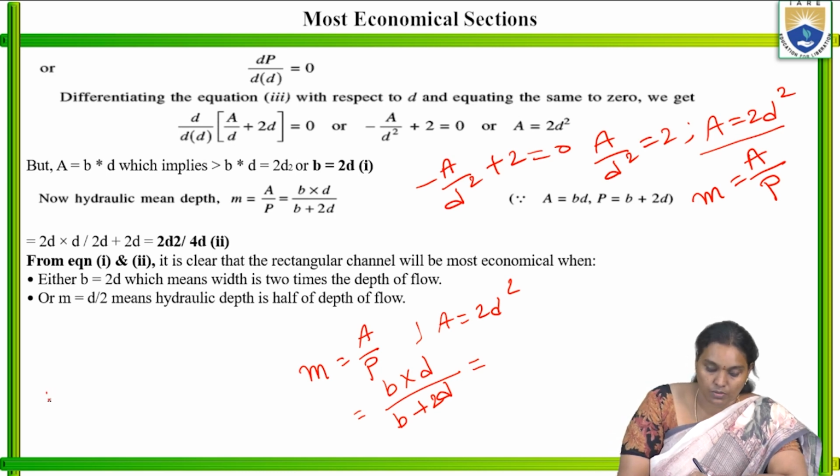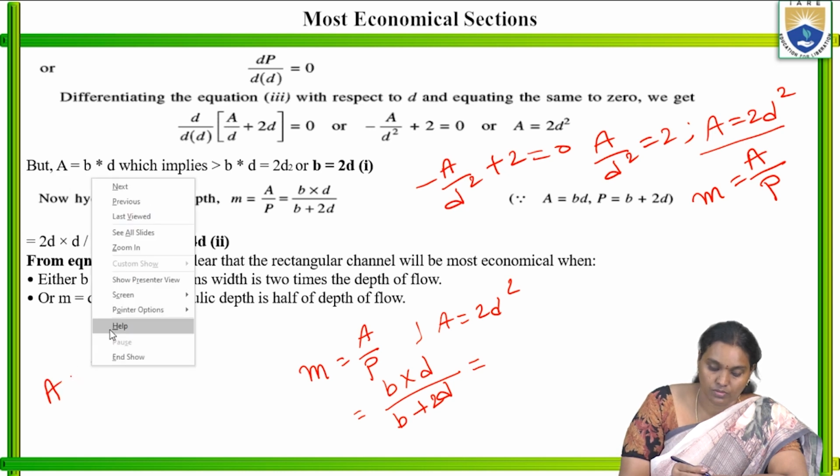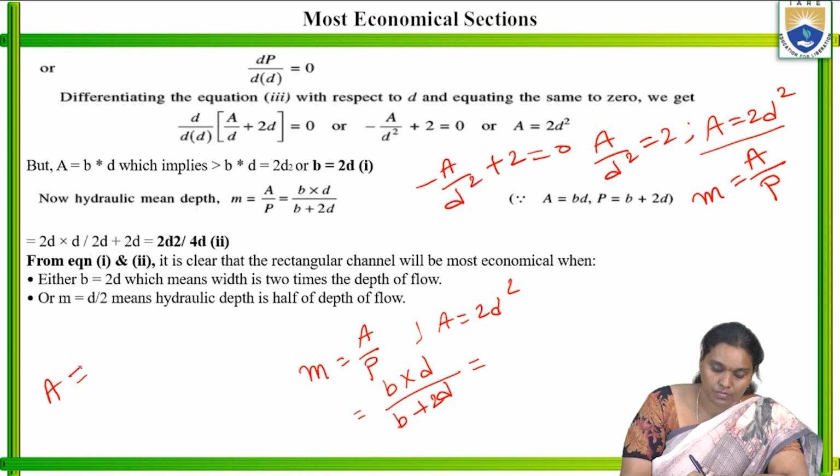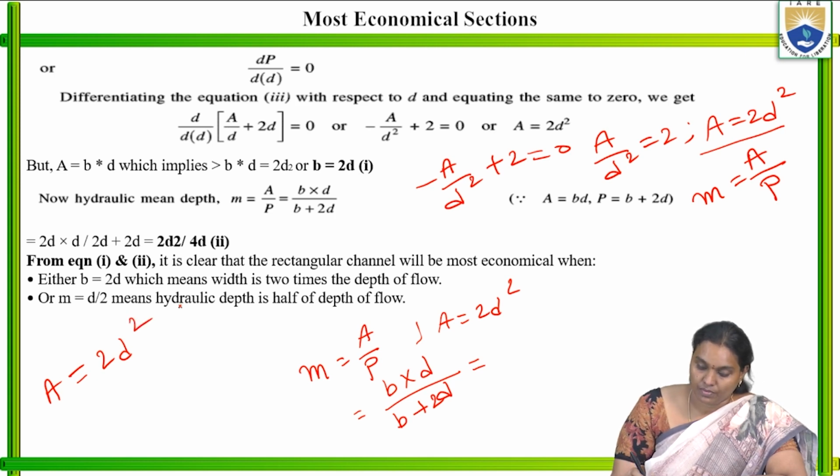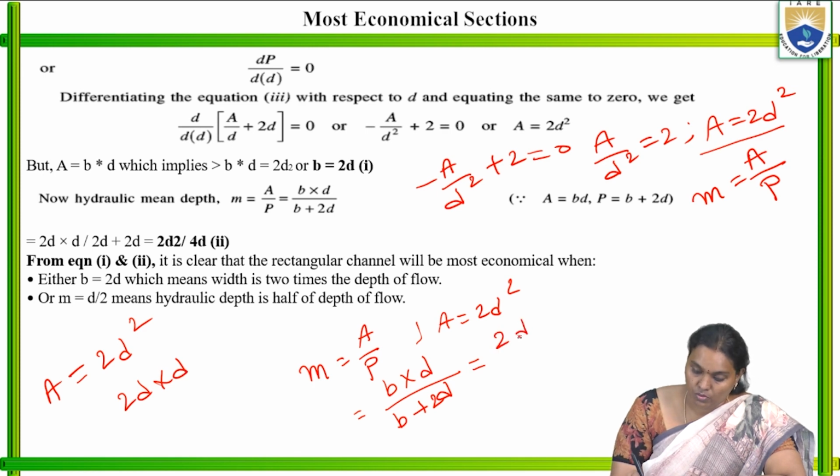A is equal to 2D square, that is equal to B into D, so B is equal to 2D.